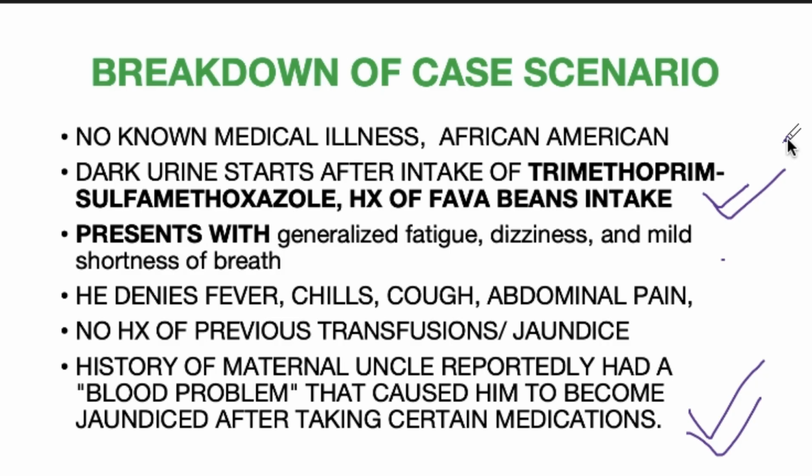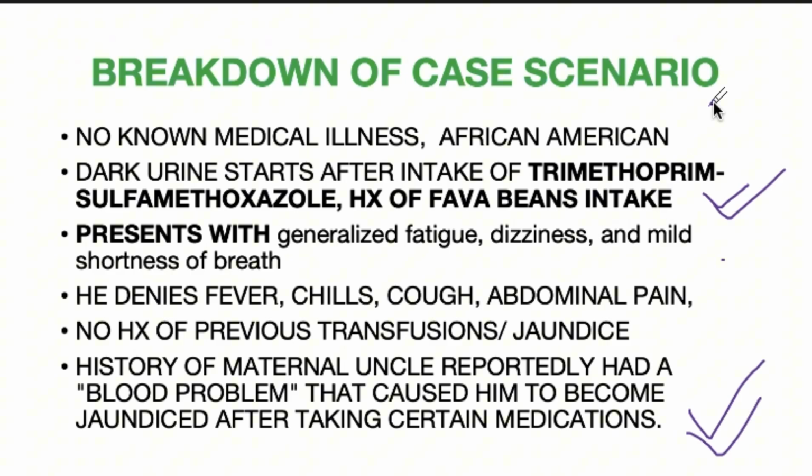He presents with generalized fatigue, dizziness, and mild shortness of breath. He denies fever, chills, cough, abdominal pain. There is no history of previous transfusion or jaundice. He has a history of a maternal uncle reportedly having a blood problem that caused him to become jaundiced after intake of certain medication.